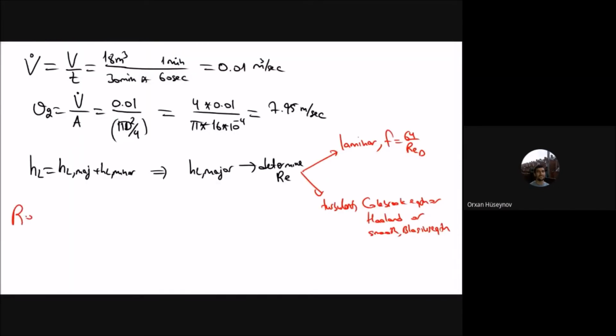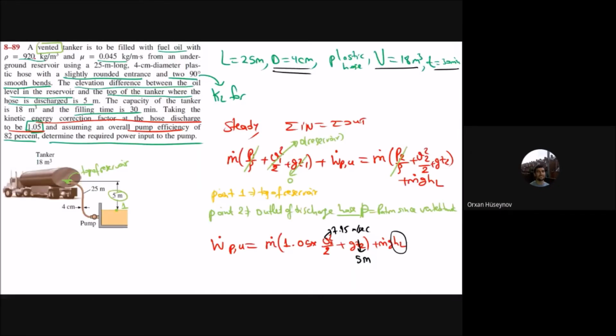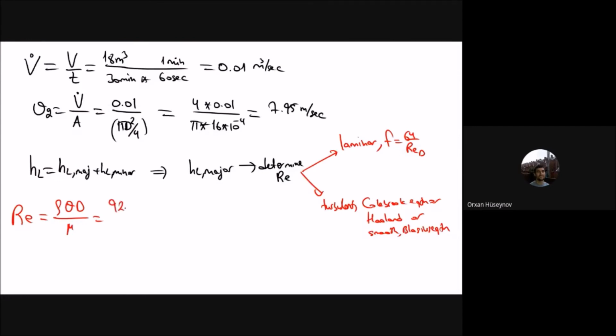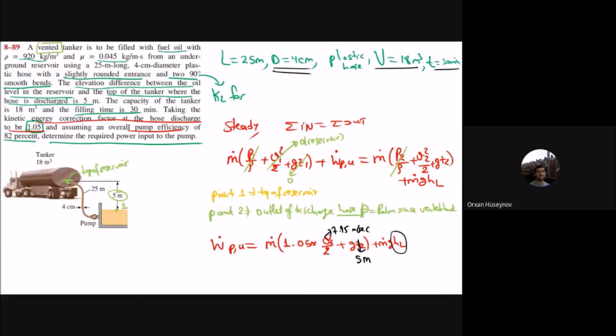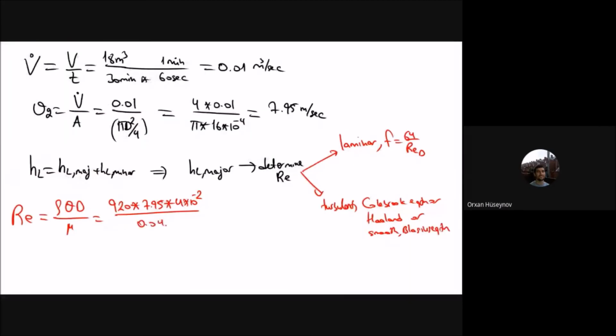The Reynolds number is density times velocity times diameter divided by mu. The velocity, we have found it. Density, let's see if it is given. Yes, 920. So 920 multiplied by 7.95 multiplied by the diameter, which is 4 centimeters, divided by the viscosity of the flow, which is 0.045.